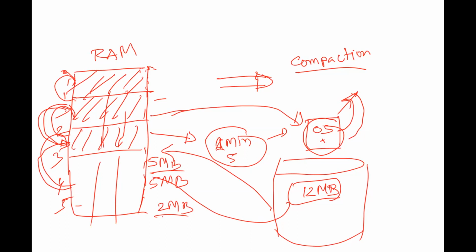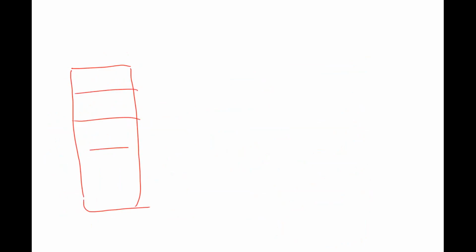Okay. So, let's see what other things there could be. Let's say you have a process in here, also in here. You have two different holes. Here is 5 MB, and here is also 5 MB.